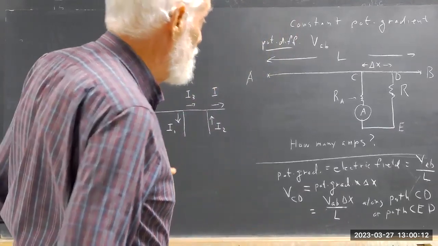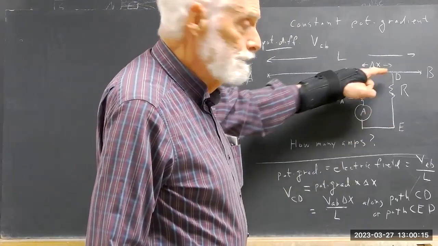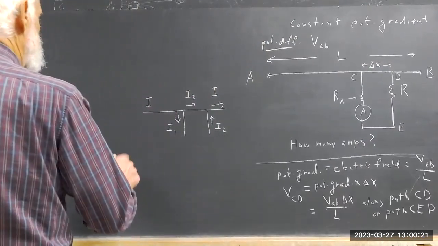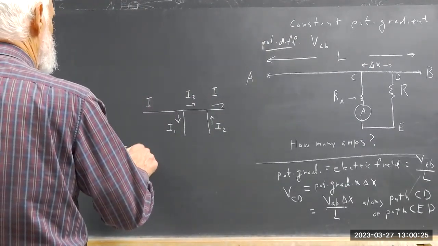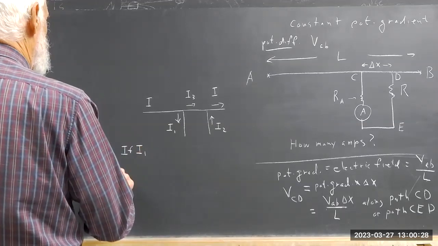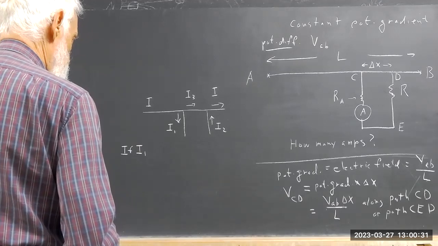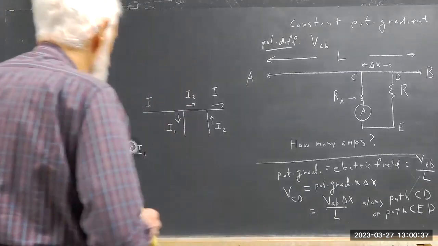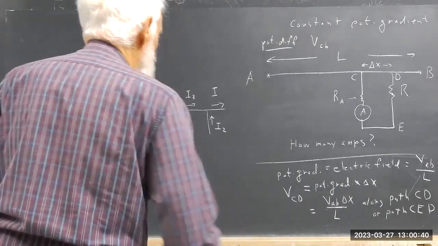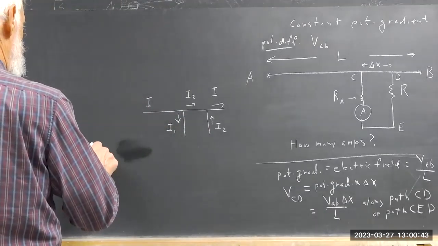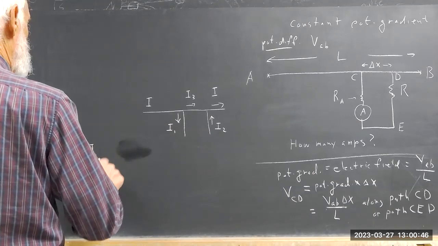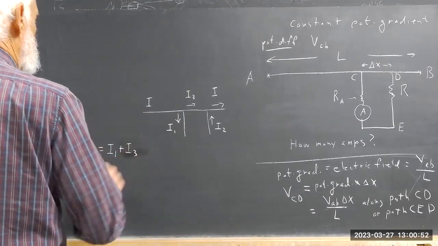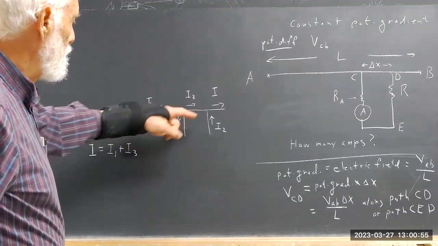So we need to make an assumption here, the assumption being that we're not pulling much current. Current I equals I1 plus I3.